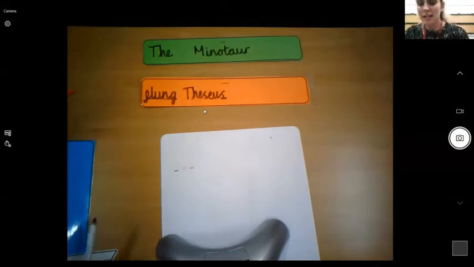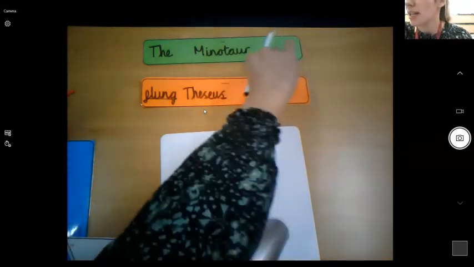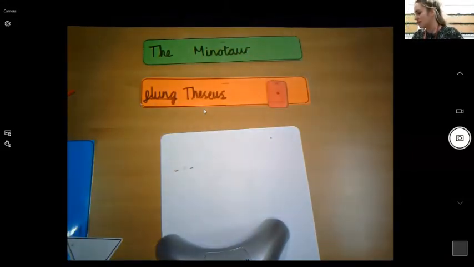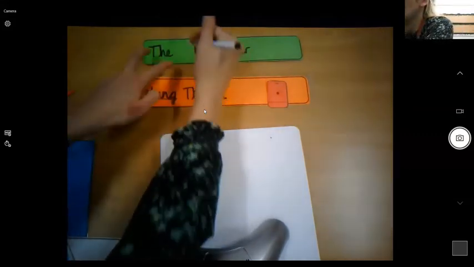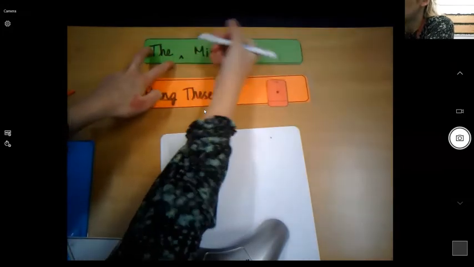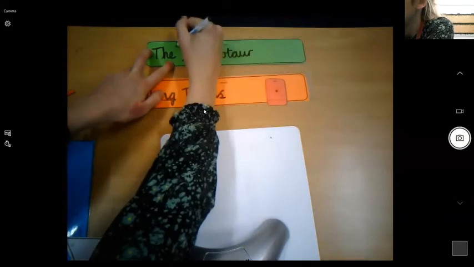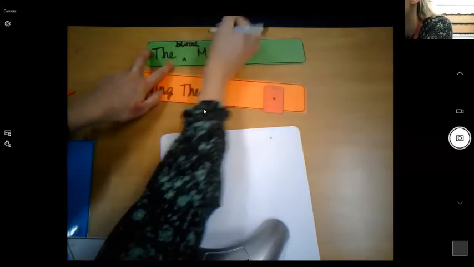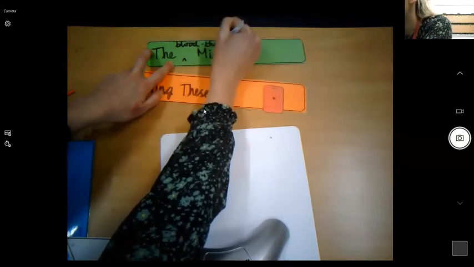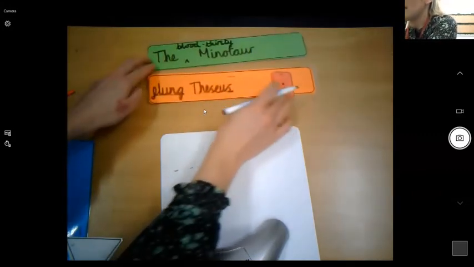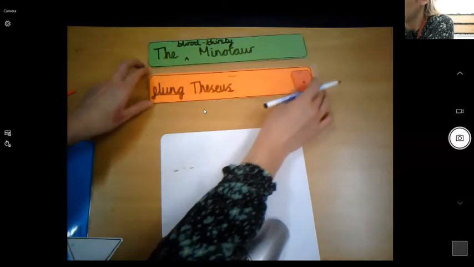Now, I could make this a simple sentence by just adding my punctuation to the end, okay? But I could improve this simple sentence even more. I could use my adjectives from yesterday to describe the Minotaur. So here, I could add in an adjective. One that I really liked from yesterday was bloodthirsty. I'm going to add that in here. The bloodthirsty Minotaur flung Theseus. That's improved already.